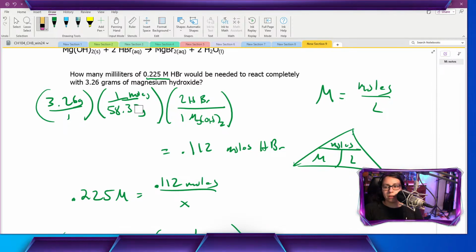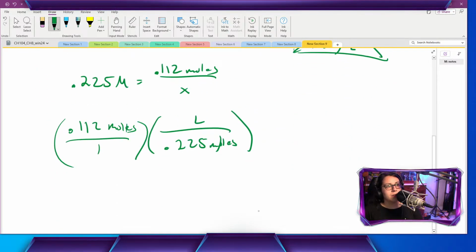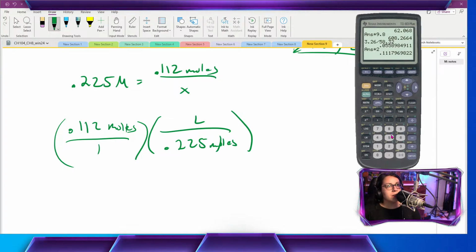And so if we cover up L, well, that's interesting. I don't see the eraser. But then we see we're left with moles over molarity. So let's plug this in. And remember, we're going to get liters, but it's asking for milliliters. So we're going to have to convert.